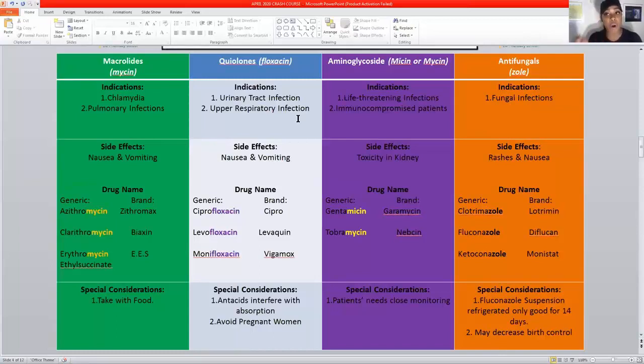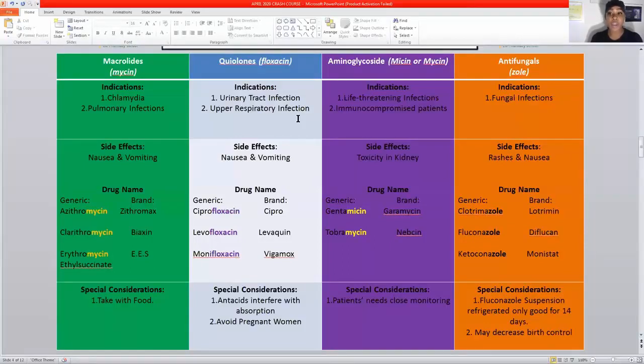So if you see URI on your test, know that they're talking about an upper respiratory infection. Just gave you another tip, better write it down. Side effects are nausea and vomiting. The generic drug name is ciprofloxacin, and the brand is Cipro.